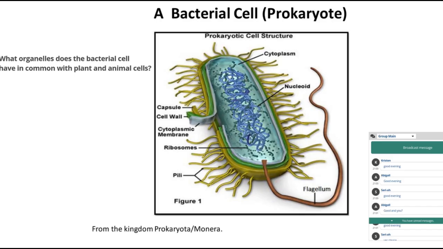It belongs to the category of prokaryotic cells. But what does that mean again? Just checking to make sure that we haven't forgotten what these terms mean. Prokaryotic versus eukaryotic: a bacterial cell is a prokaryotic cell, and it literally belongs to the kingdom Prokaryota.